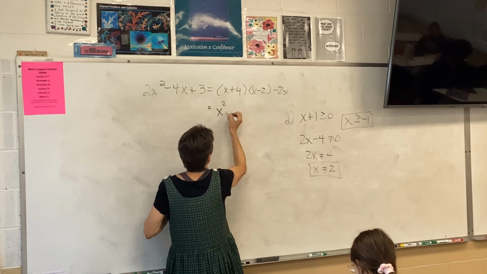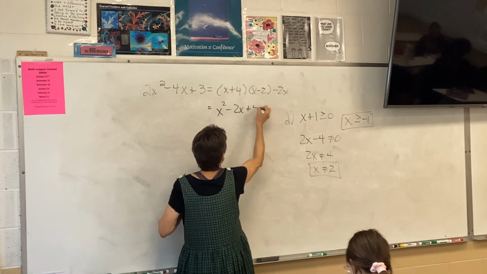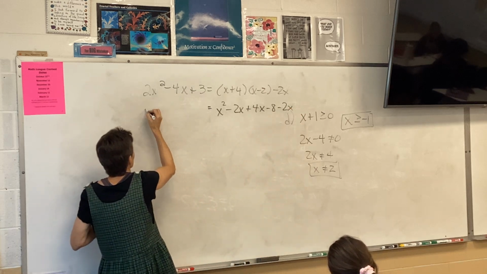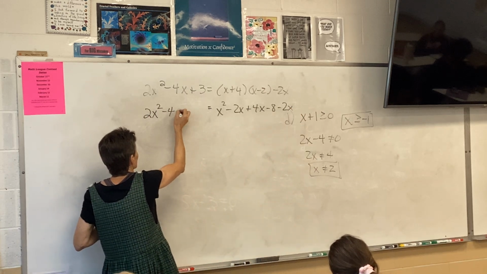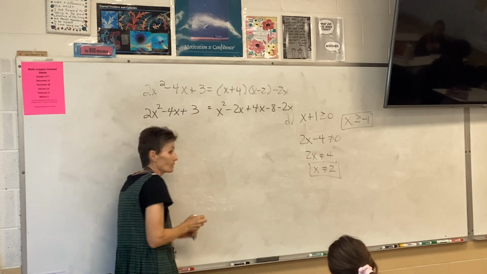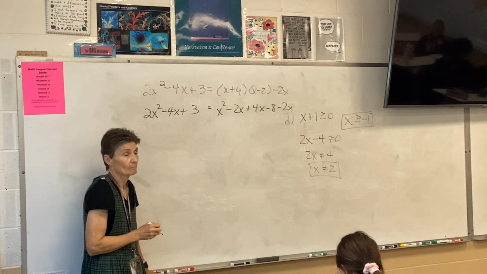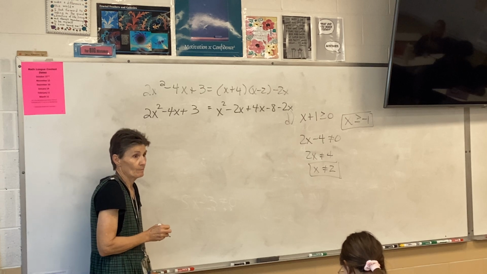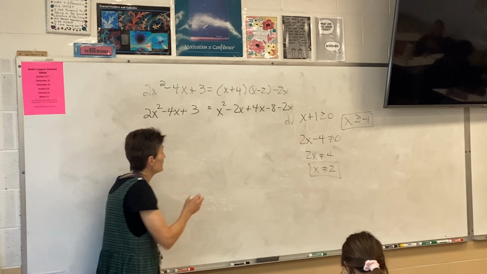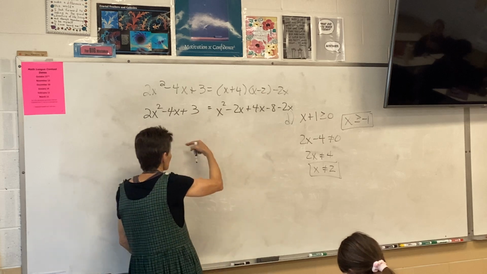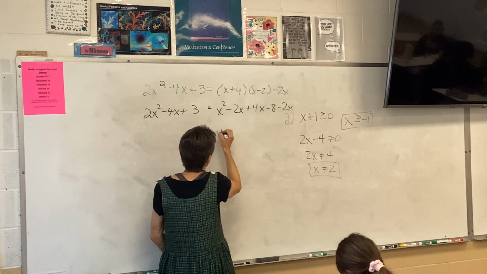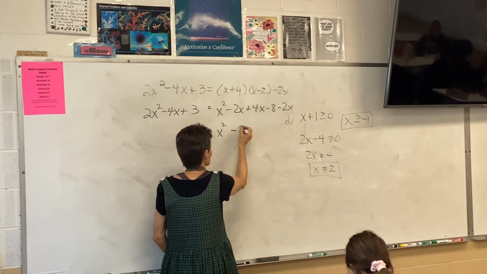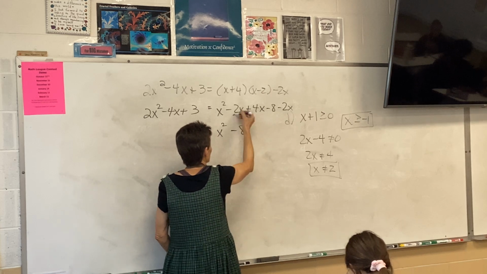So x squared, okay, we okay with that? Now what should I do? Clean this up over here so it looks like this one. So that's going to be x squared minus 8. Don't these all go away?